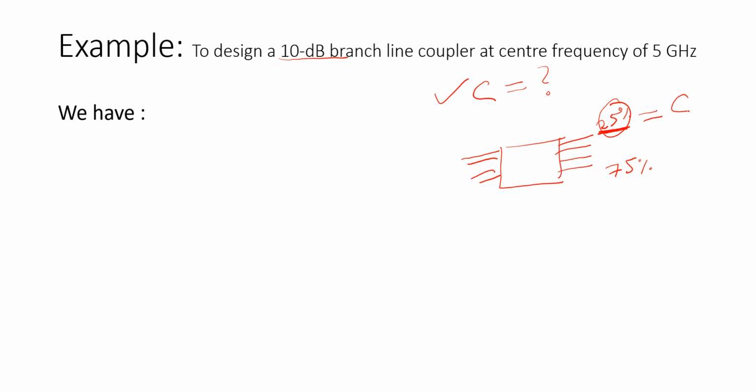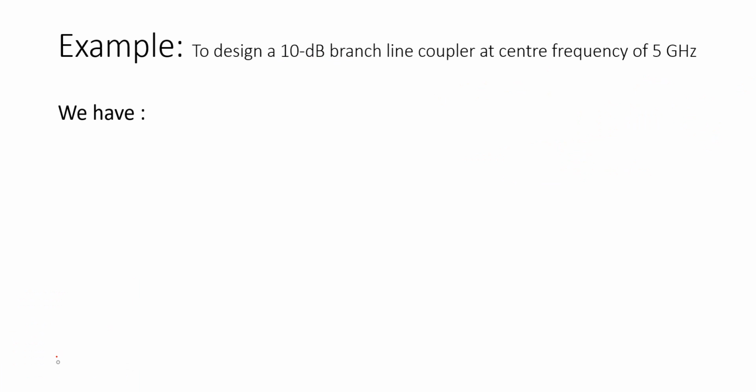This is actually your C, the magnitude of C. So C will be 0.25. Or if somebody says I want a half power division, 50% here and 50% here, that means your C is 0.5, or in dB sense it is a 3 dB branch line coupler. So you are getting the point now: our main objective is always to get the value of C.